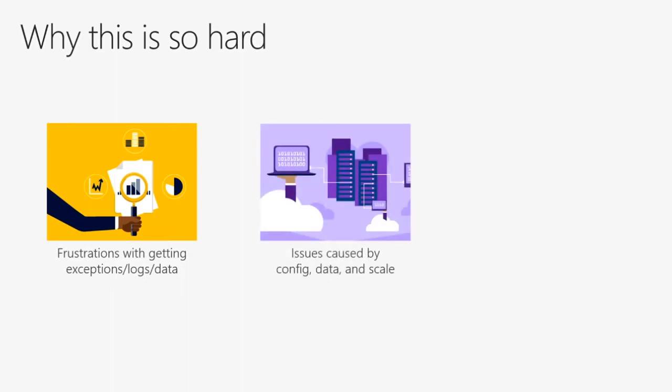The issues themselves that happen in production can be caused by different configuration in the production environment or different data that's in the production environment that you might not have access to in your dev or QA environments. And there are also things that only happen at the scale of production, whether it's an issue that happens with one user, you as a developer sitting at your computer coding, or 10 users in your QA environment, 100 users or 1,000 users, even 1 million users.